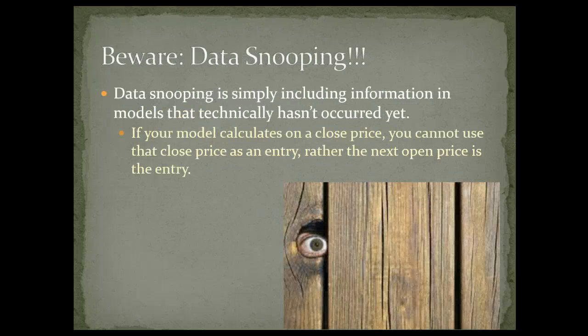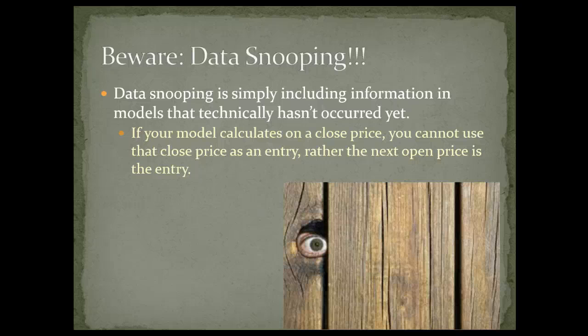And finally, data snooping. This got me several times. I want to make sure that I convey the message to you. It's dangerous. Data snooping is simply including information in models that technically hasn't occurred yet. It may be historical data, but before you enter a position, you're pulling data from outside your scope.